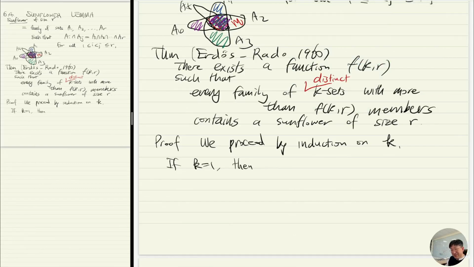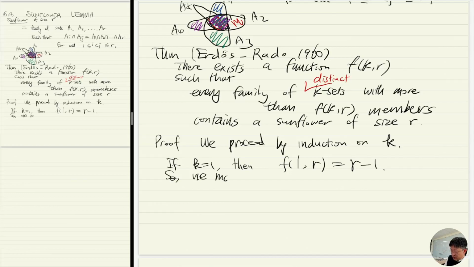For the applications, typically it's better to say distinct k-sets. So you don't want to collect the same set. I mean, it's okay, this is not a big constraint. So if every set is distinct, then you take f(1, r) to be just r minus 1. So then no matter how you take r distinct sets of size 1, you're going to have a sunflower of size r. So that's the easy case.